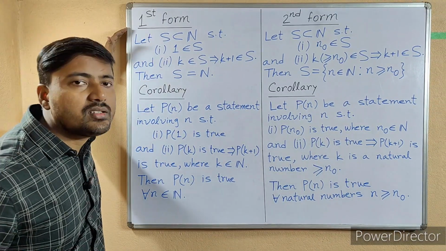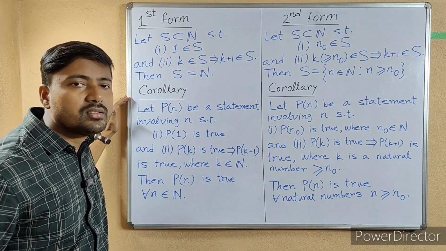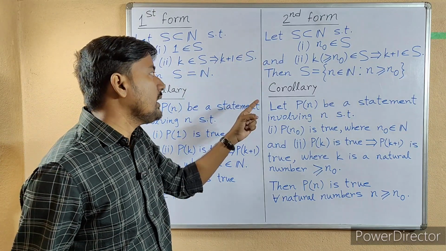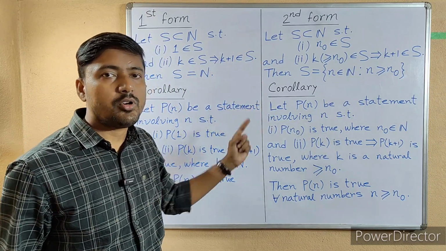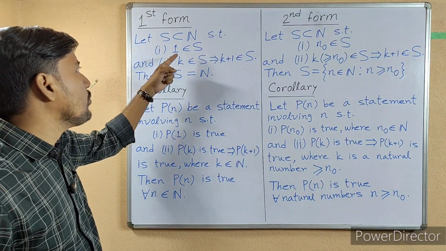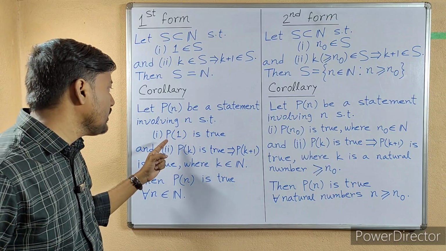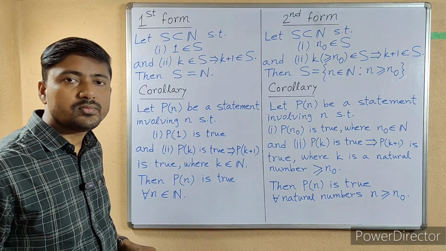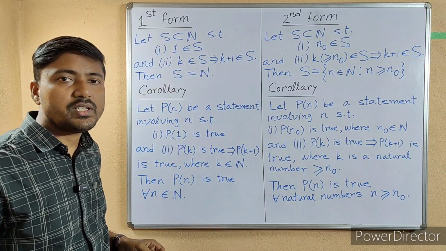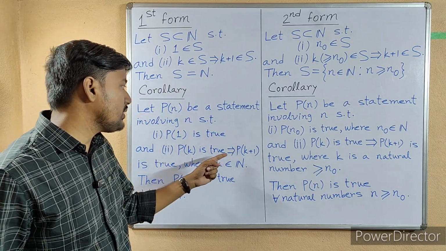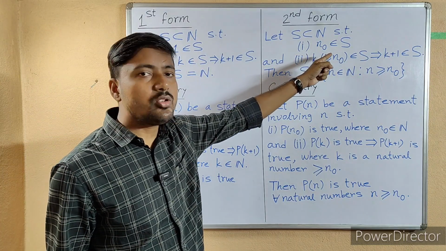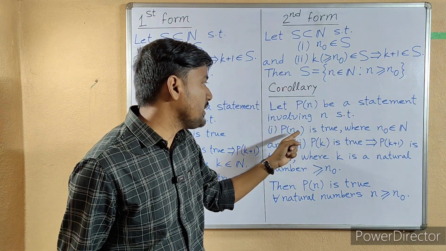So this is the first form and this is the corollary of the first form. This is the second form and this is the corollary of the second form. Notice that here we have 1 belongs to S and here P1 is true. Here k belongs to S implies k plus 1 belongs to S, and here Pk is true implies Pk plus 1 is true. Here we have n0 belongs to S and here Pn0 is true.